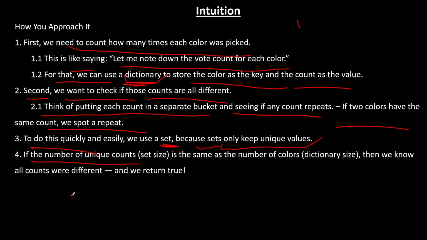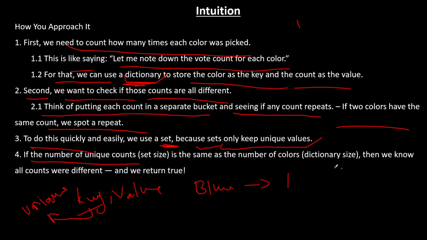Keep in mind, in the key-value part of a dictionary, a key is always unique. For example, if you got blue one time and it was count 1, fine. Again, if you encounter blue, it will remain here and the count will move to 2.